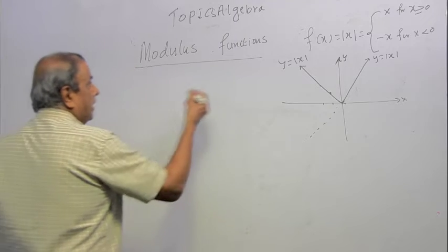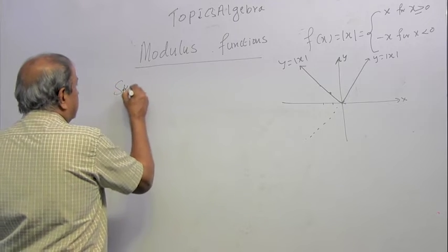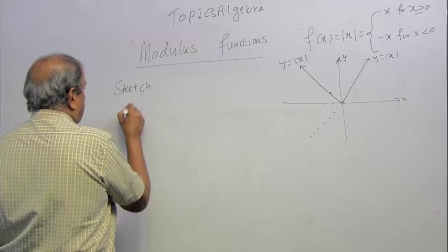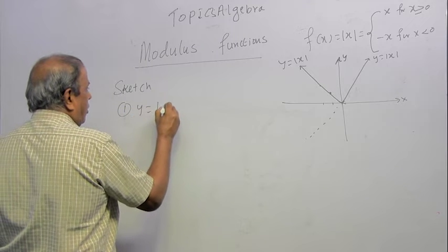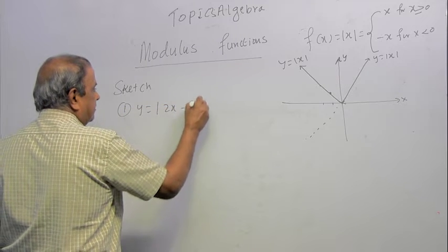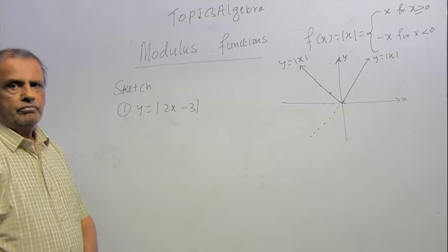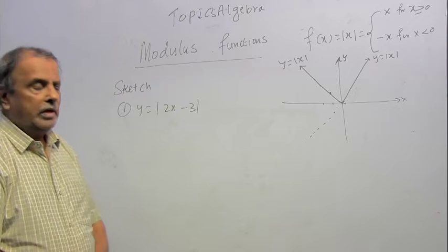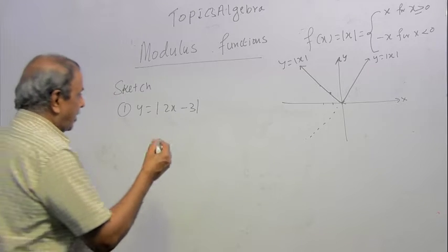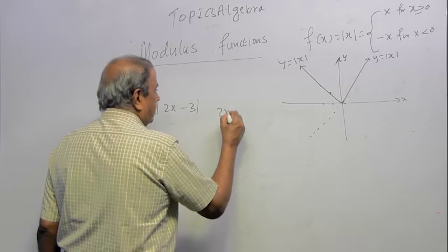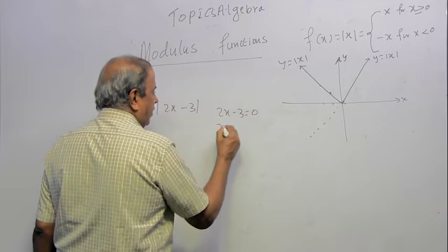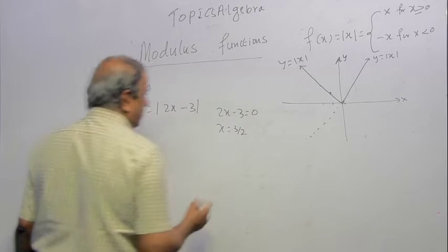Then how do I sketch, let's say, y equal to mod 2x minus 3? The easiest way is to start by finding the critical value. 2x minus 3 is 0, x equal to 3 over 2.